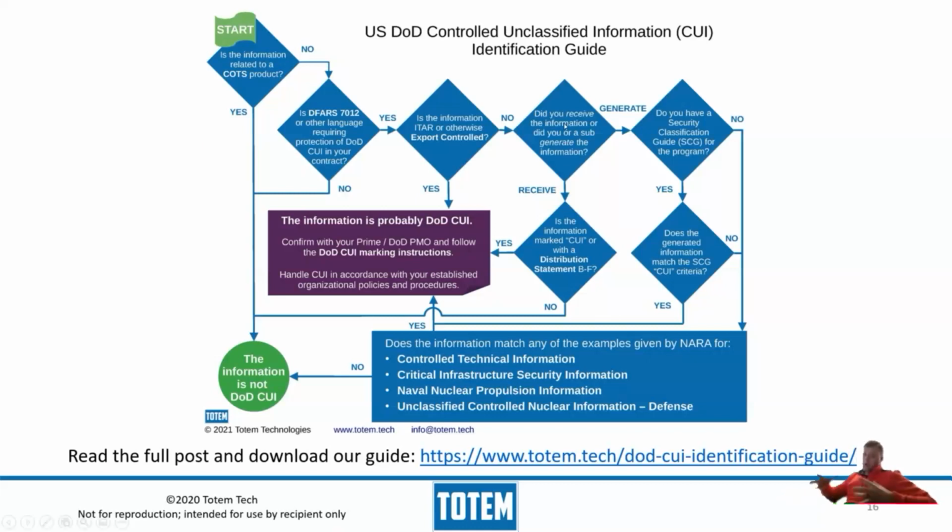And then, did you generate the information or did you receive the information? If so, do you have a security classification guide? Is it called out in that security classification guide? And if so, it's going to be considered CUI. So this is helpful, and we have this as a resource, and I can pop this in the chat here in a second, so that you can have access to this. It could be a huge help.